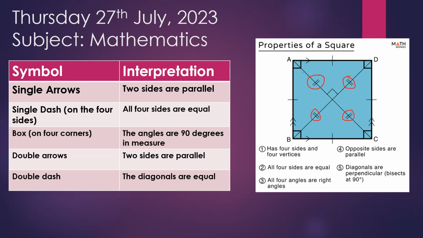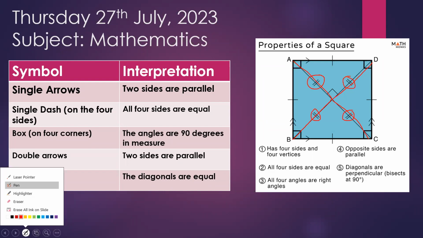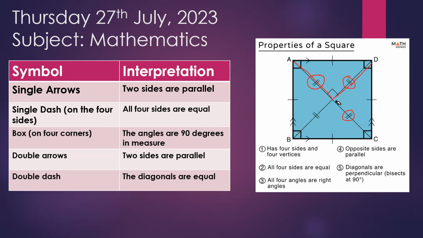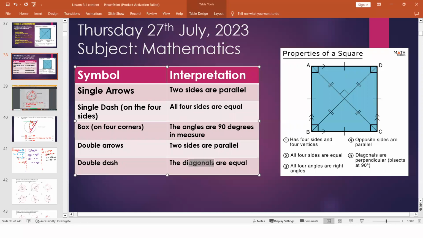So that means that this here is equal to that, is equal to that, and it's equal to that. So all of them are equal. That means that the lines that we have in the middle are equal in measure, equal in length.